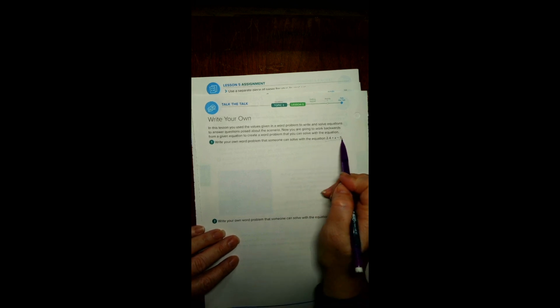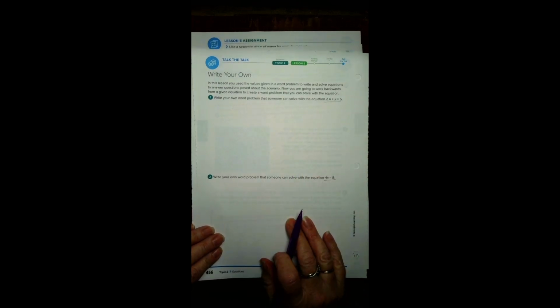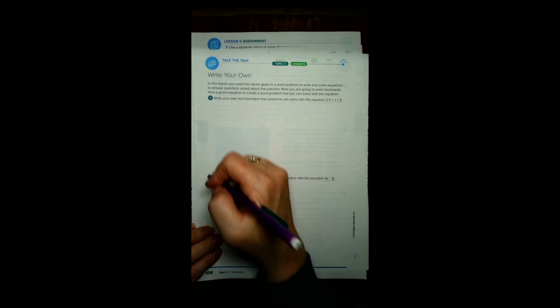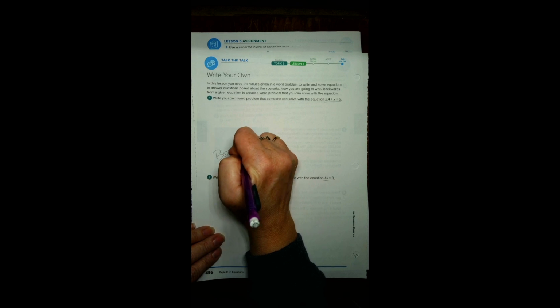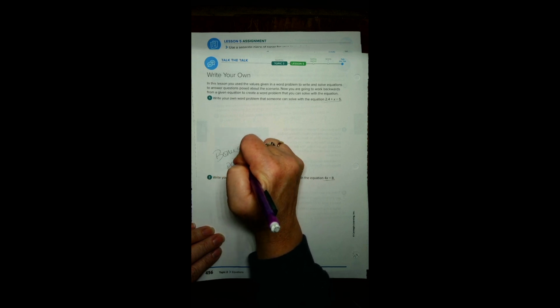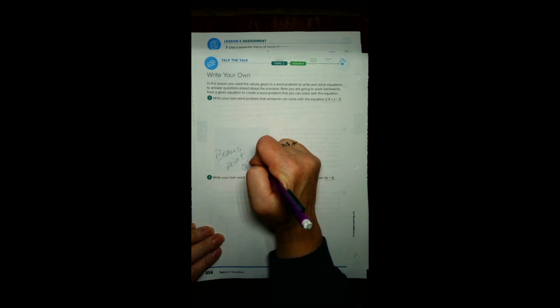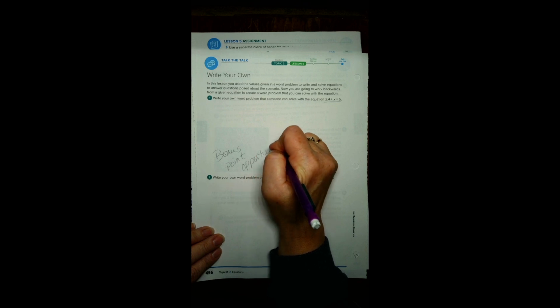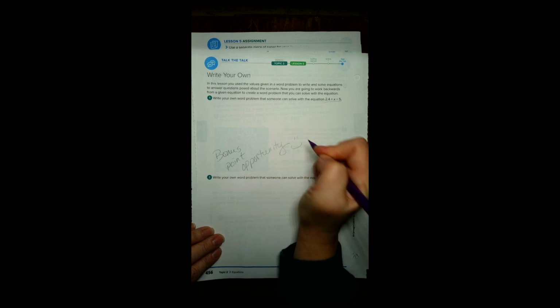So write your own word problem that goes with 4x equals 8. I'll give you a bonus point for each one on the next test if you write this and turn it in to me. So, bonus point opportunity. All right, and that is all.